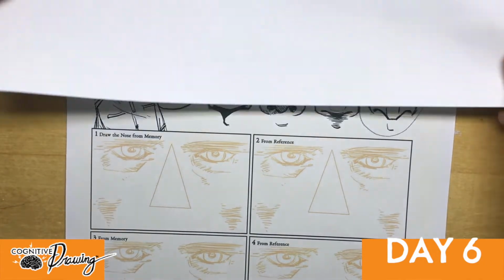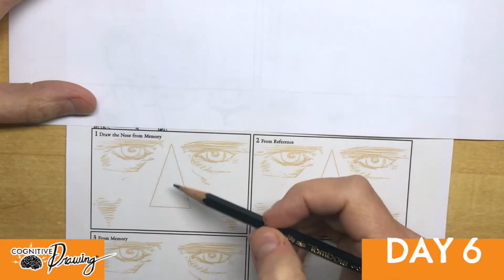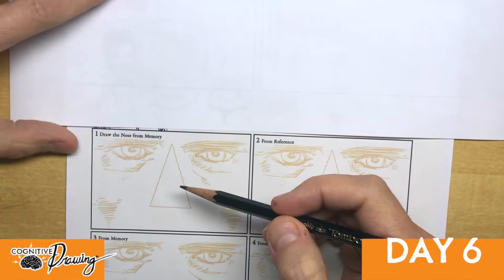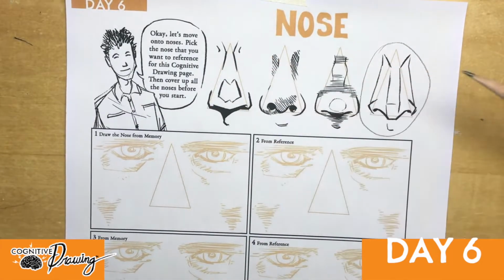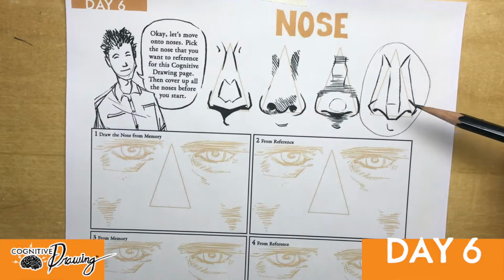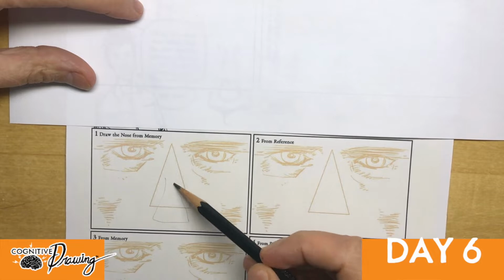I know it's kind of angular. What I did here is I just added a little triangle to use as a guide for where to put the nose. And you can also see that same triangle here in all the noses. It was just because I noticed that a lot of students were starting the nose down here.